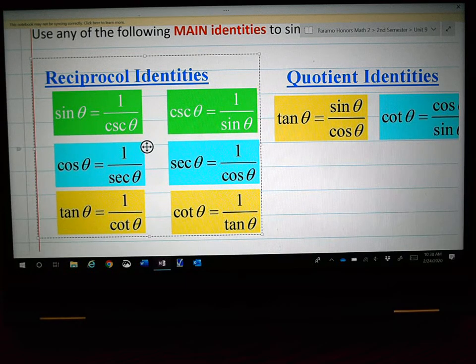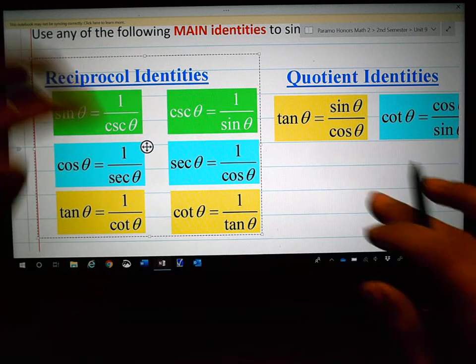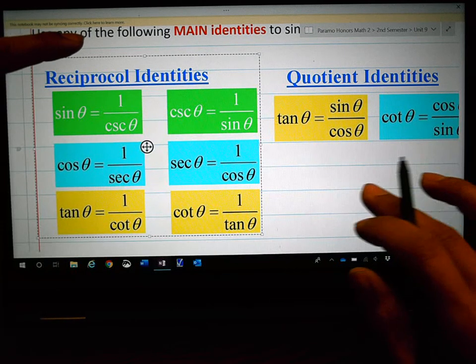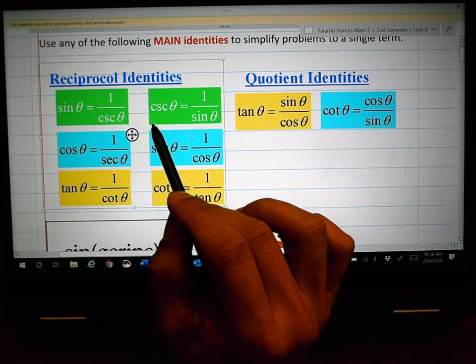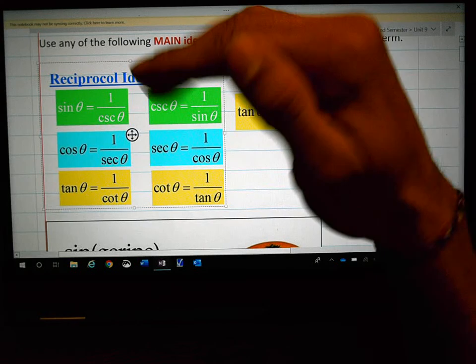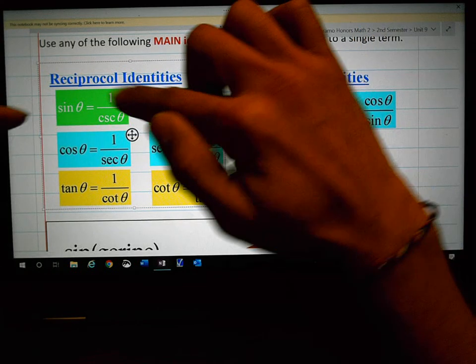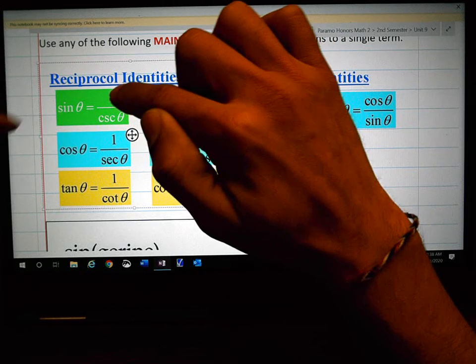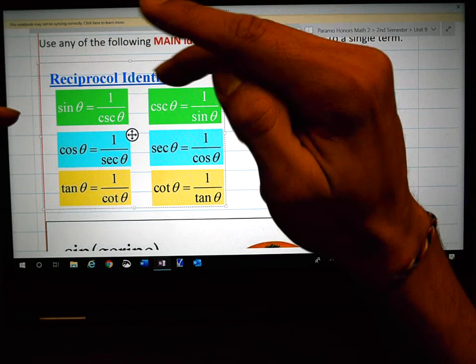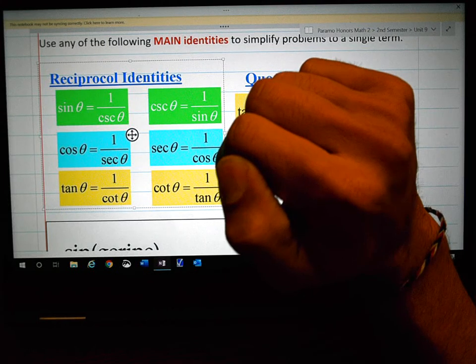What you need to know from Unit 8 and from Unit 9 is that the cousins are not equal. Well, let me say it like this. Sine is not the same thing as cosecant. Cosecant is not the same thing as sine. They have to be reciprocals in order to be equal to each other.